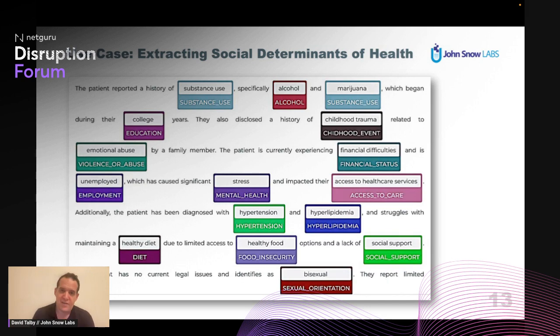Do you have social supports? Do you live with other people? Do you have a substance abuse issue? Do you have health insurance? Do you have financial issues? Those have a big impact on how healthy you will be and how long you will live. And they're mostly only mentioned in free text notes, either by doctors or by patients. Over the years we've trained a large number of models that do this accurately.